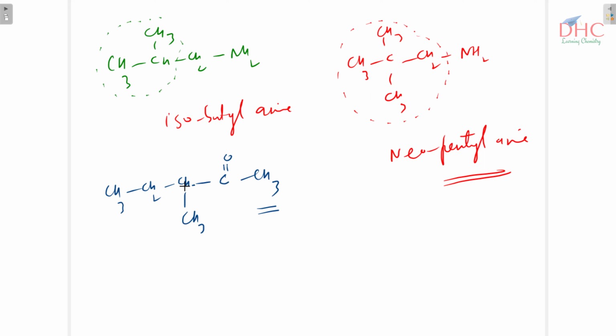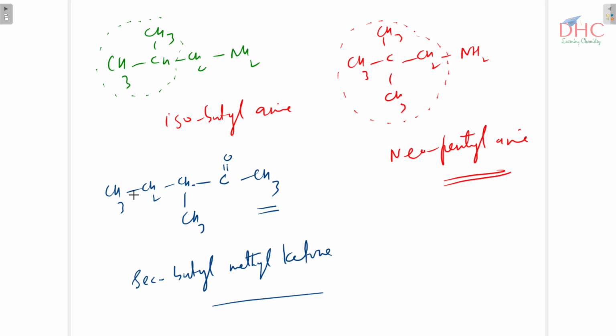Since the methyl is attached to the secondary carbon, it becomes secondary butyl. So the name is alkyl dash ketone. This is M, methyl. This is B, butyl. Butyl comes first, then methyl.